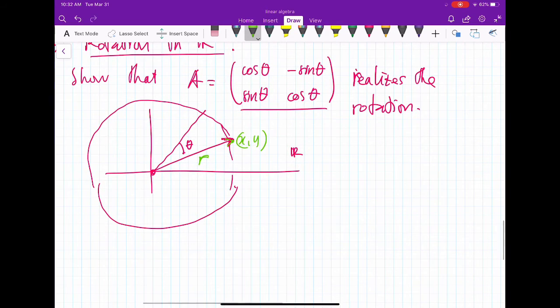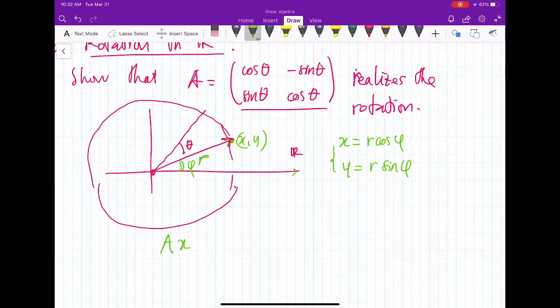We have polar coordinates: x equal to r cosine of phi, and y is r sine of phi, where phi is the angle between this vector and the x-axis. Now let's apply A to (x, y).